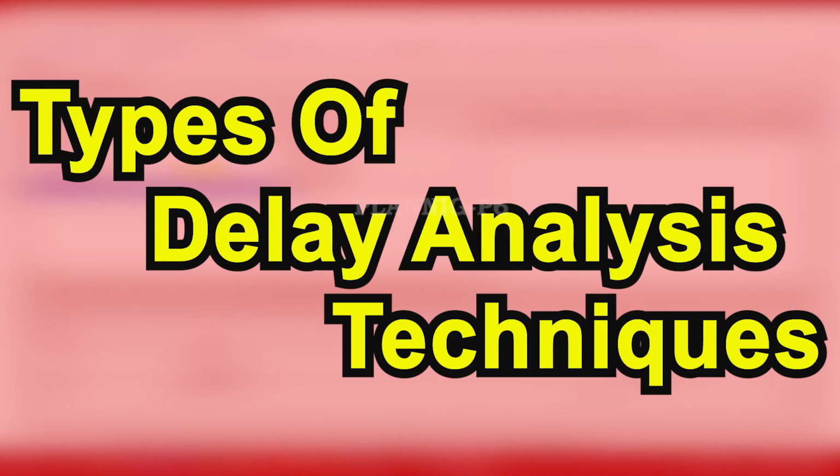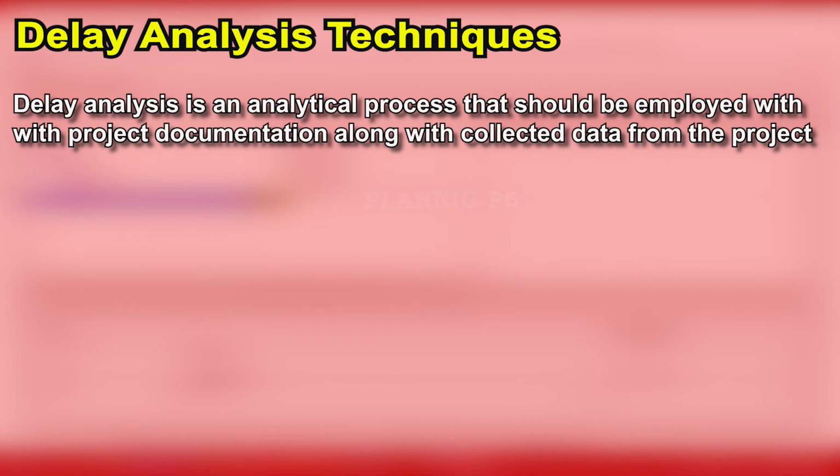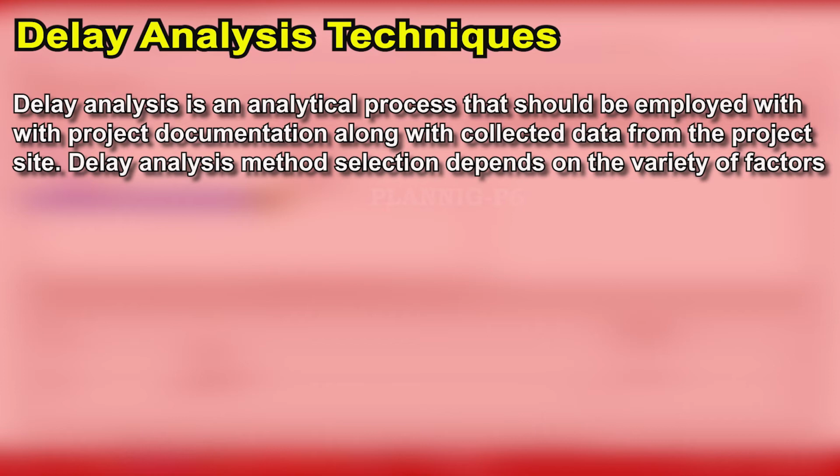Types of delay analysis techniques. Delay analysis is an analytical process that should be employed with project documentation along with the data collected from the project site. Delay analysis method selection depends on a variety of factors and available records.